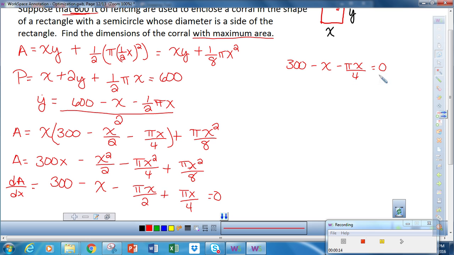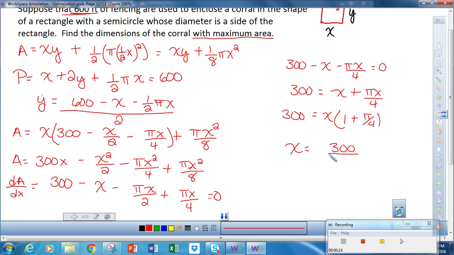So moving everything to the other side, I get 300 is equal to x plus pi x over 4. Factoring out an x, I get 1 plus pi over 4. So I get x is equal to 300 over 1 plus pi over 4.